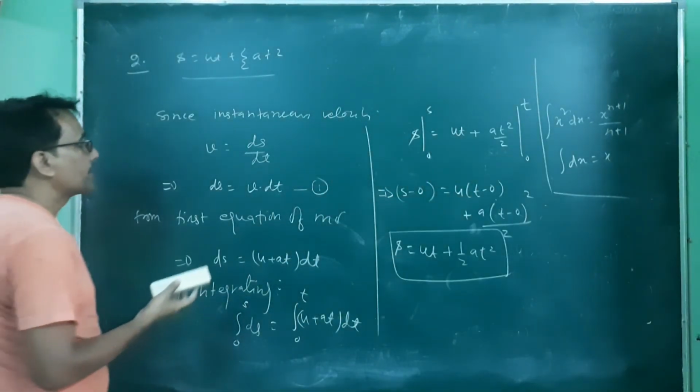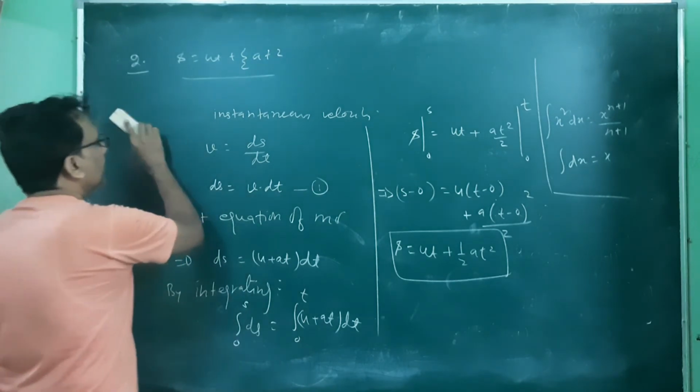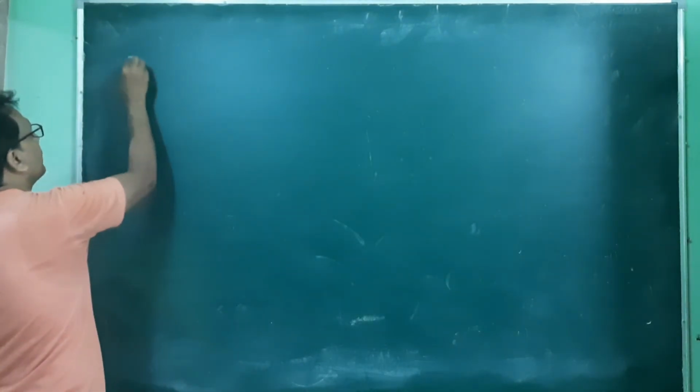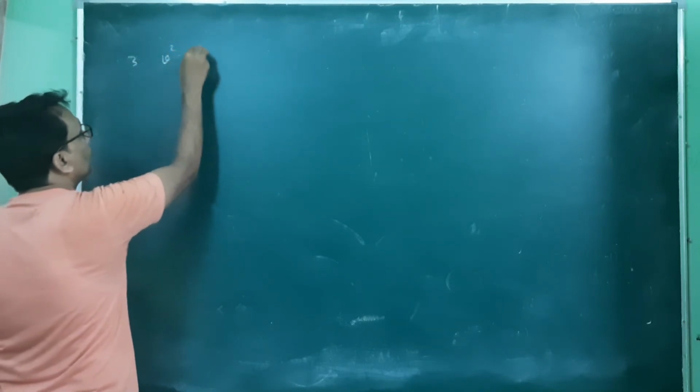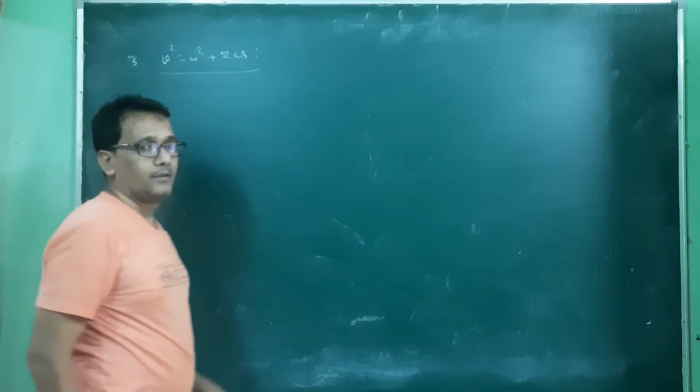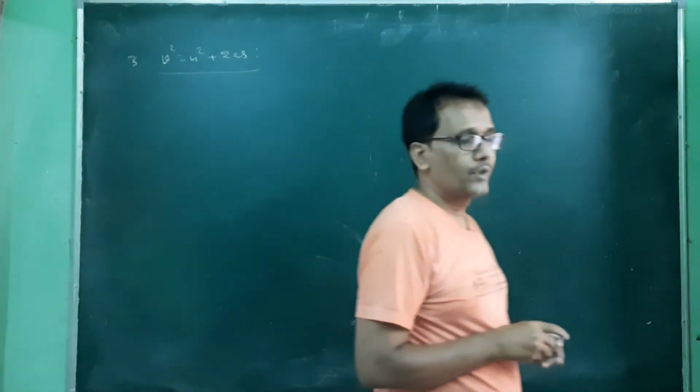Chalo, so let's start with the third one. So the equation number third. So third equation, that v square is equal to u square plus 2as. By the differential method we will derive this equation.